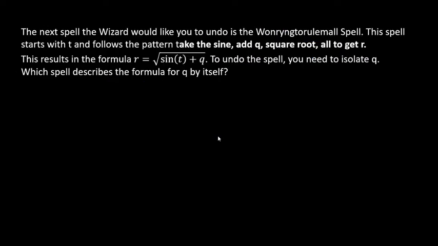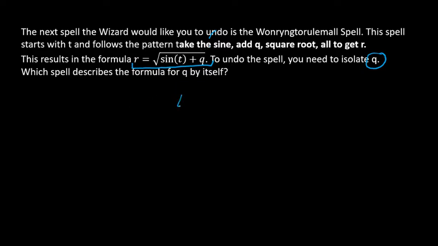All right, let's move forward. The next spell the wizard would like you to undo, okay, so kind of going forward here. The result is the formula r equals root of sine t plus q. And they want us to undo the spell and isolate q. So one thing I want to point out, notice that they tell you the order that things were done.